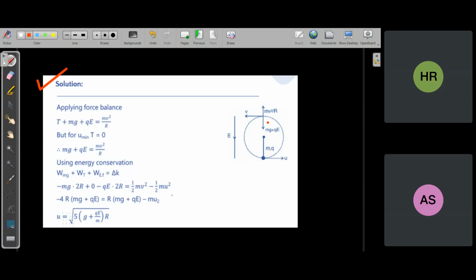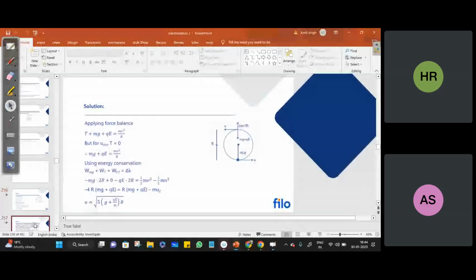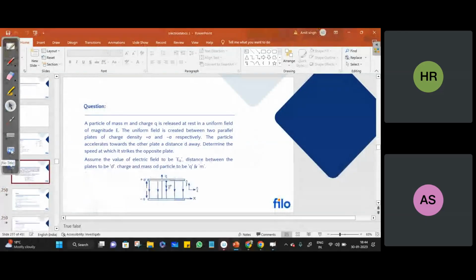Now you will use the work energy theorem. Combining both the equations, you get the relationship. Okay, now you can try this one.